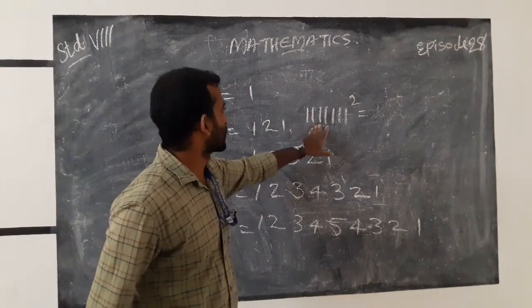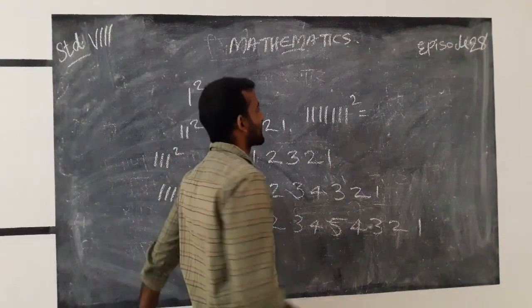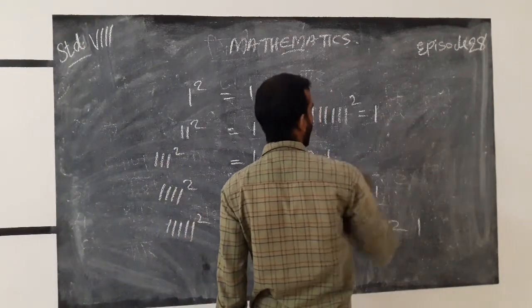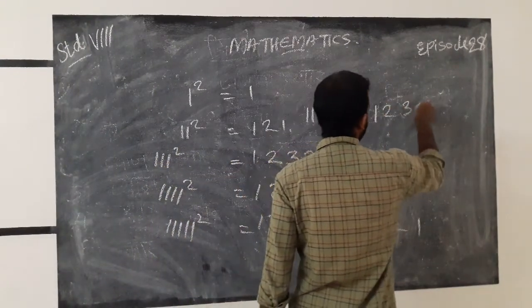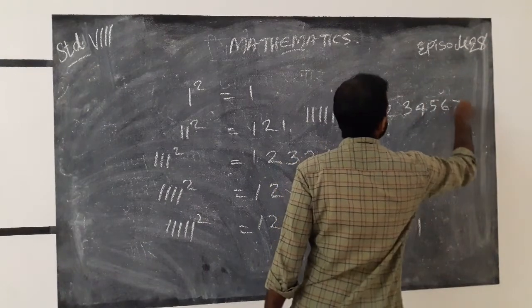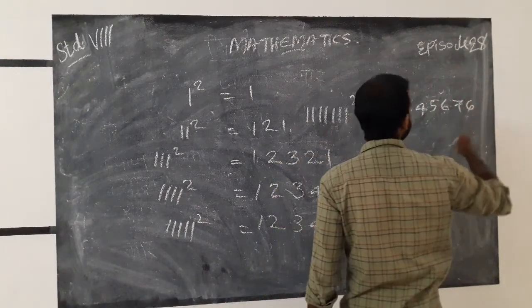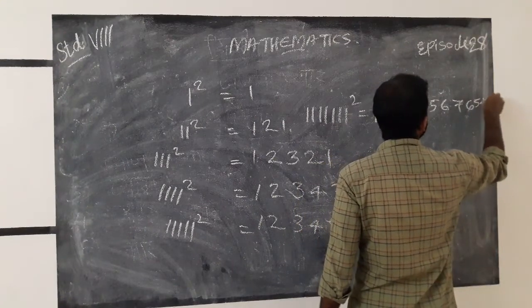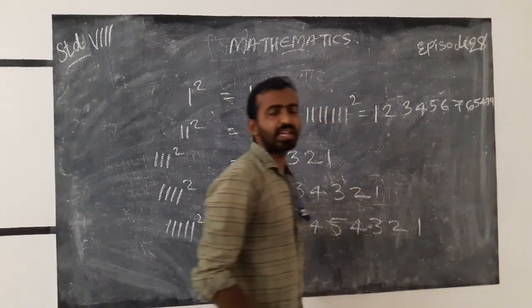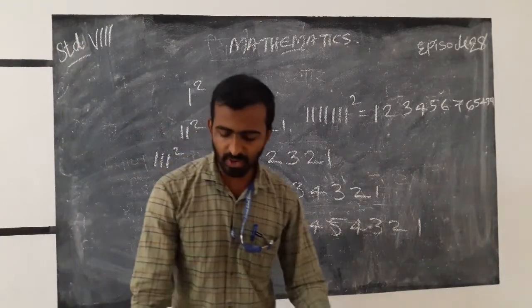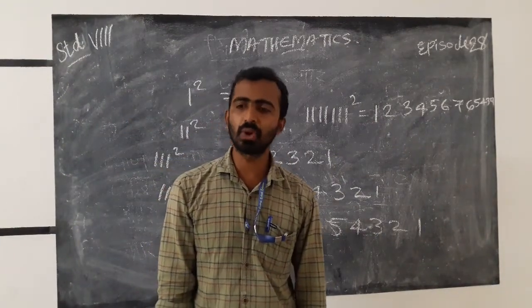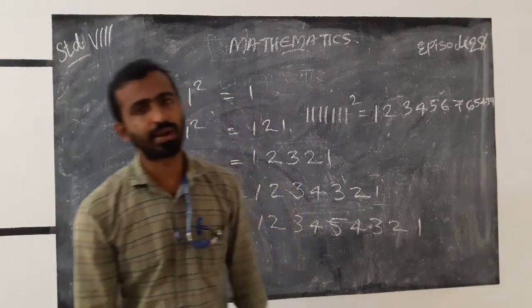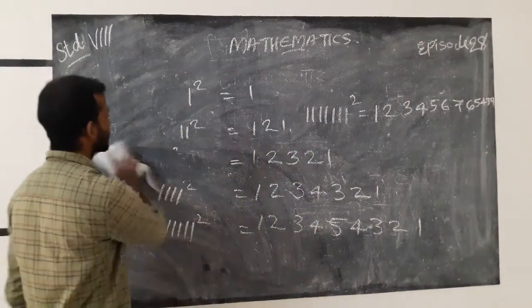That is 1, 2, 3, 4, 5, 6, 7. 7 digits. So we write 1, 2, 3, 4, 5, 6, 7. We reverse it 6, 5, 4, 3, 2, 1. That is starting with 1 and ending with 1. Also ending with 1. Is it? Yes.